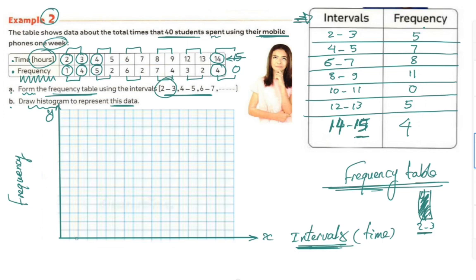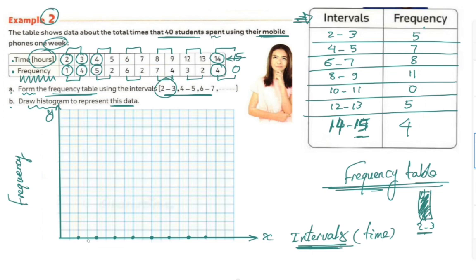Now start here. Leave the first 2 small columns, and take 2 small columns to make the first rectangle. 1 2 3 4 5 6 7. First 1 2 3 4 5 6 7. Now we need to write each interval in its place.